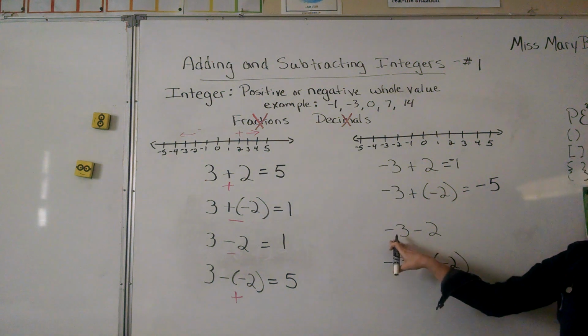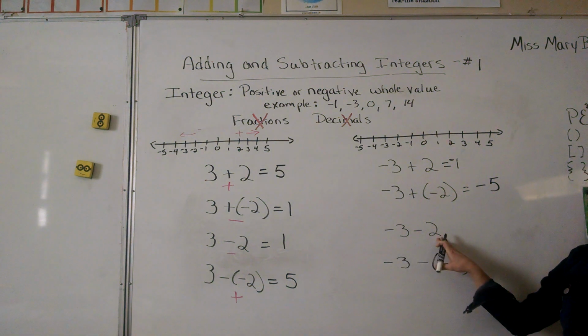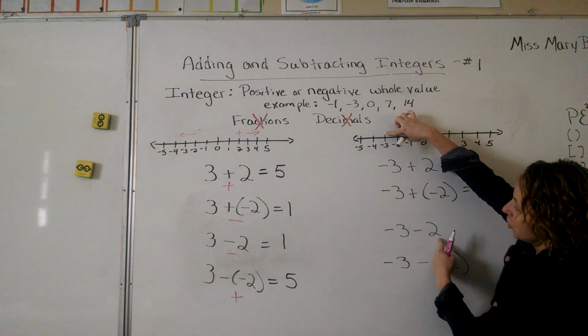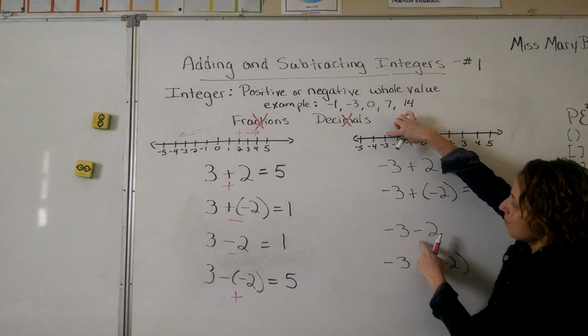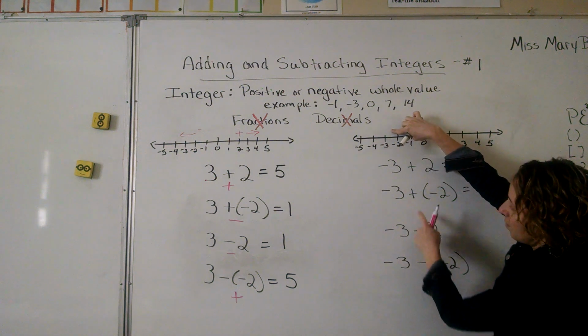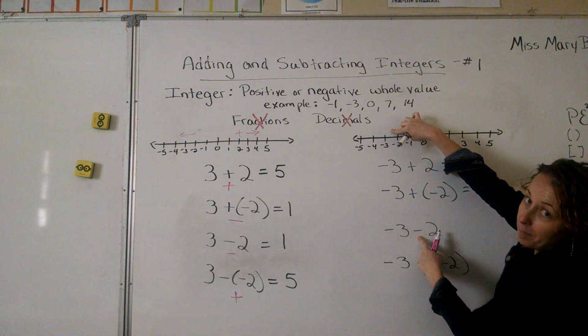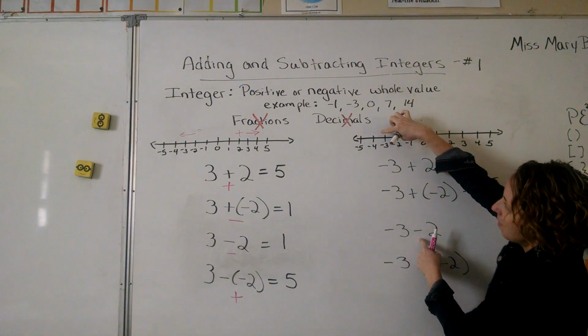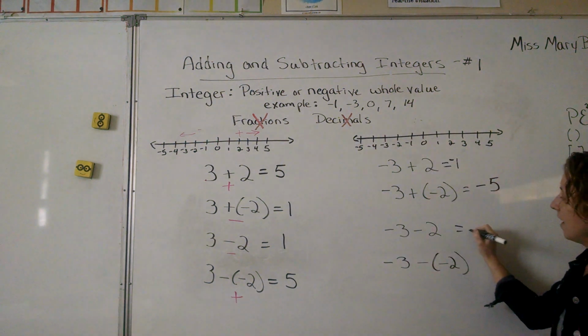How about this one? I'm at negative 3, and I'm subtracting 2. If I start at negative 3, and I subtract 2, I'm doing the same thing I did here. I'm moving in a negative direction. Both plus a negative and minus positive, we move negative. Negative 3 minus 2 more is negative 5.